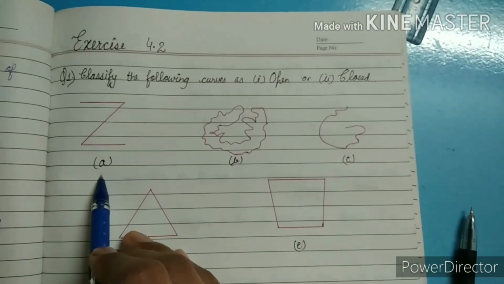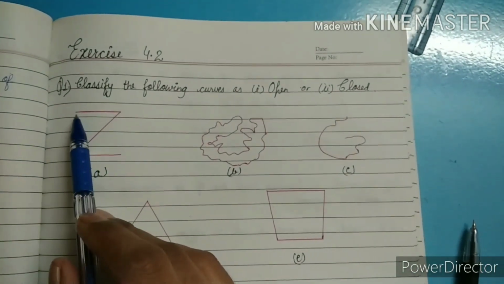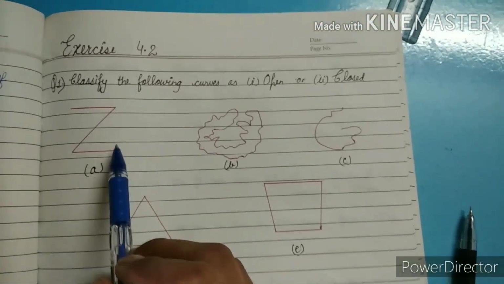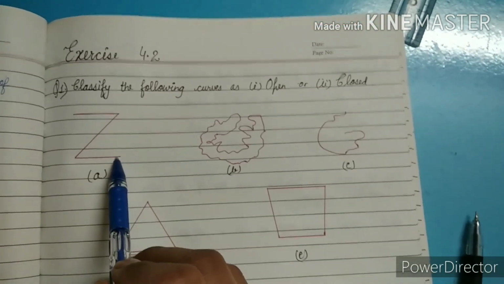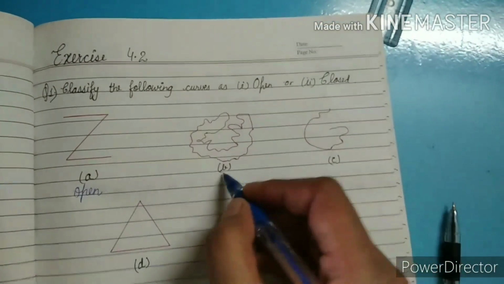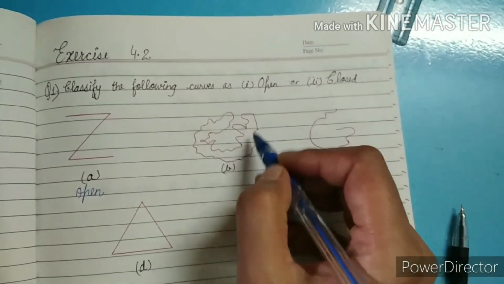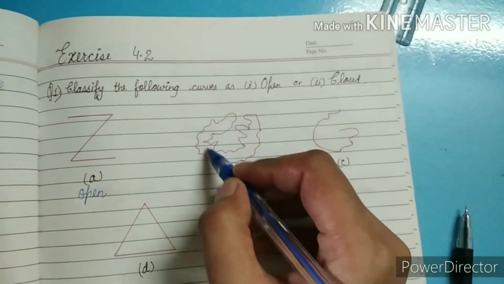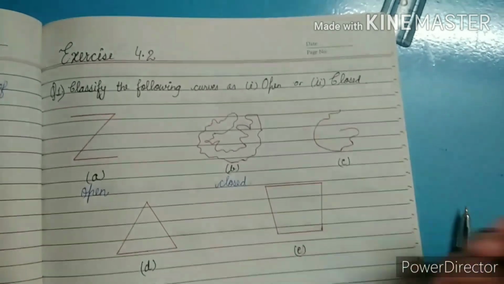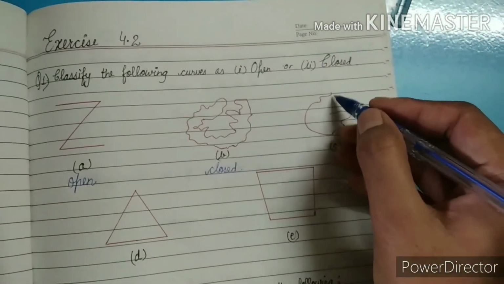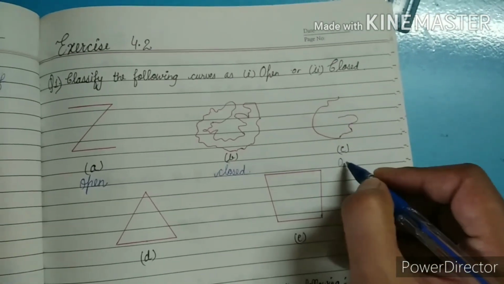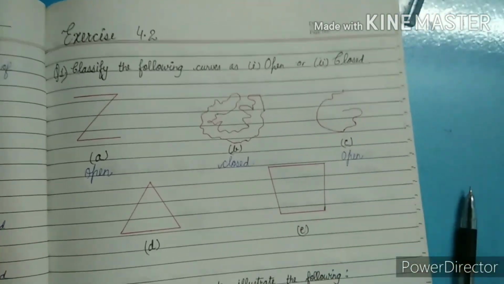In figure A you can see the endpoints do not join at the same place. It means A is an open figure. B does not have any opening anywhere, so it is a closed figure. C does not have any common point, so this is also an open figure.